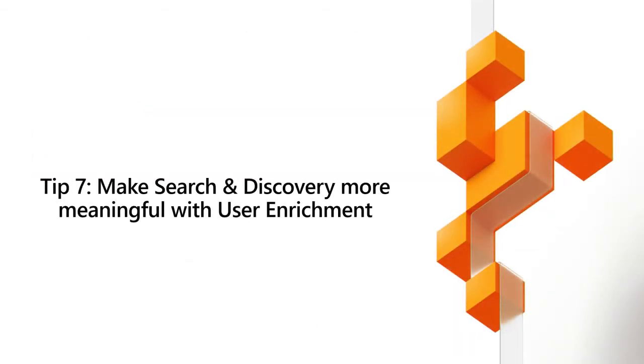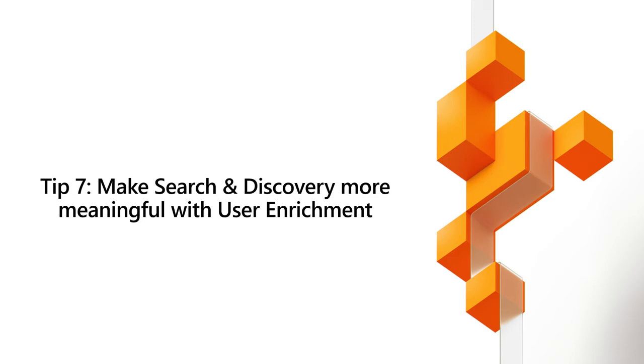Okay, so my tip number 7. Number 7 is make search and discovery more meaningful with a feature called user enrichment. Now, again, for security and compliance reasons, a lot of the reporting, a lot of the auditing might be fairly generic in your organization.